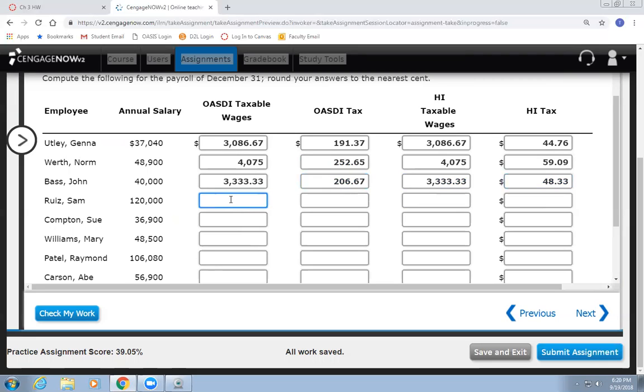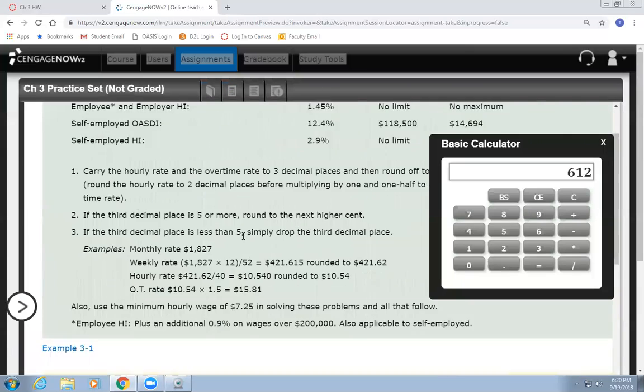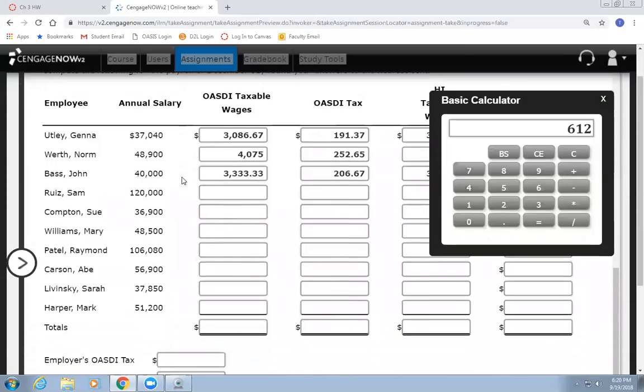When we get to Sam, we know he's a special case, right? Because his salary exceeds the limit that we tax on. So I need my calculator. I'm always going to calculate his wages to this point. His annual salary we know is $120,000, so that's $10,000 per month.